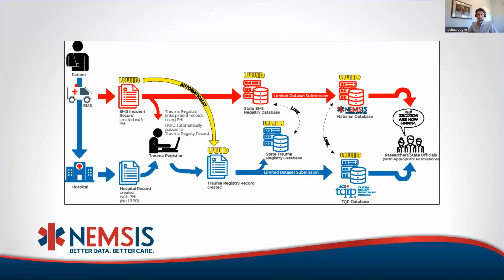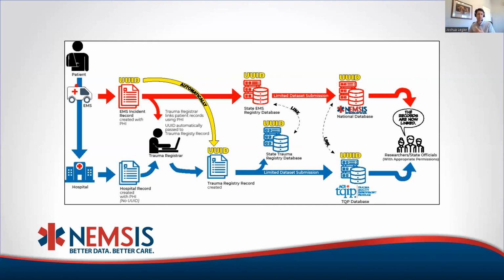For example, linking with the National Trauma Database data, there's a white paper that's been put out about that. It includes the UUID. The important thing to note here is that there's a trauma registrar pulling that EMS record in. And that EMS record has a UUID, so that gets pulled in and attached to the trauma record. So it's kind of automatic, but there was a person making a decision that this patient care report represents the care that was given to this same trauma patient.